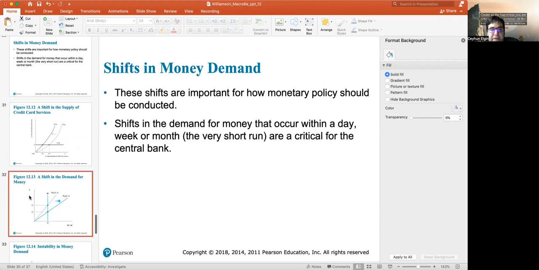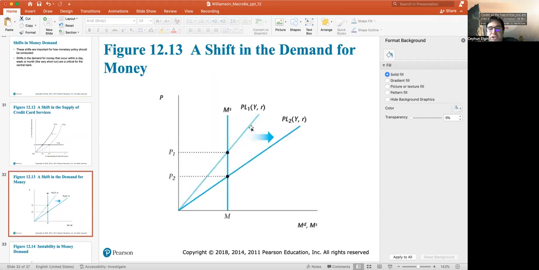For example, if money demand shifts to the right, or rotates rightwards, then P1 decreases to P2.